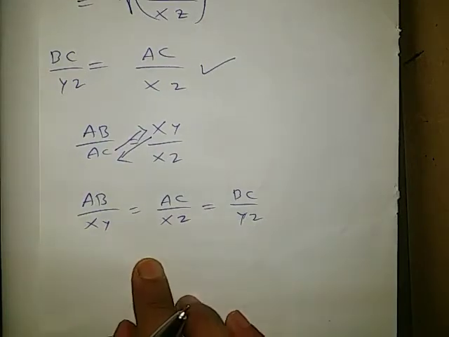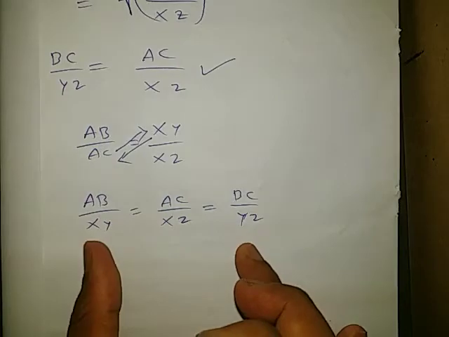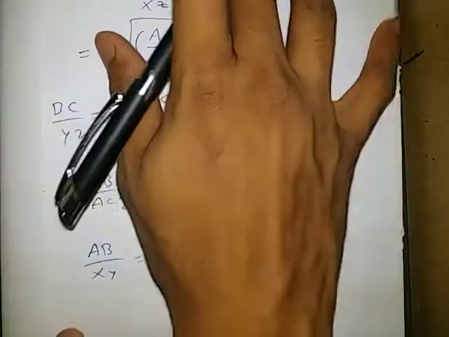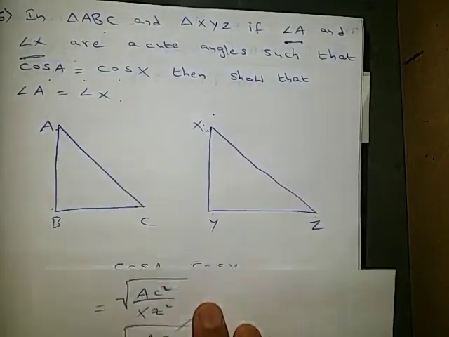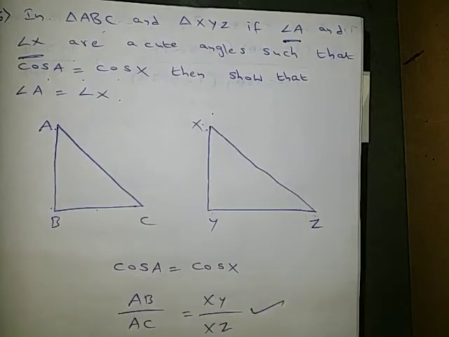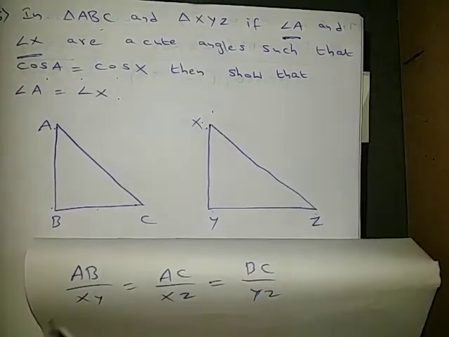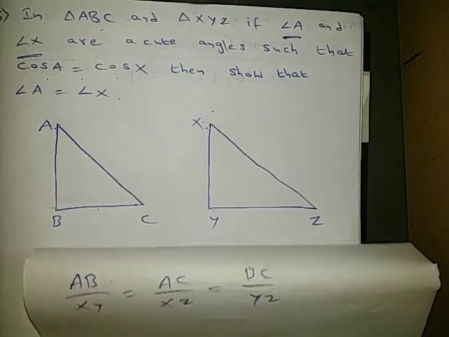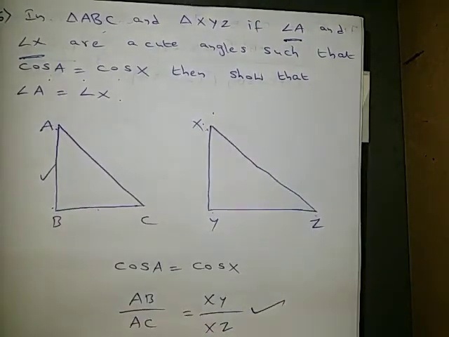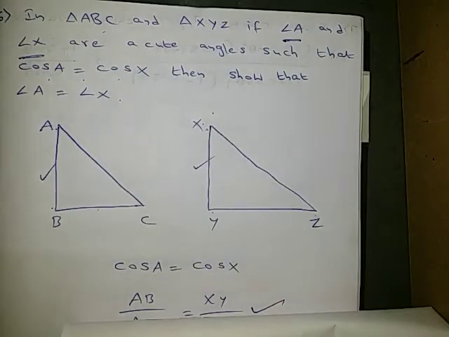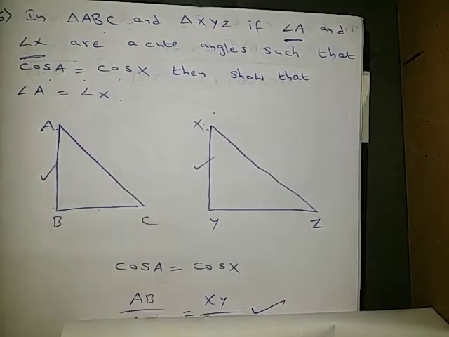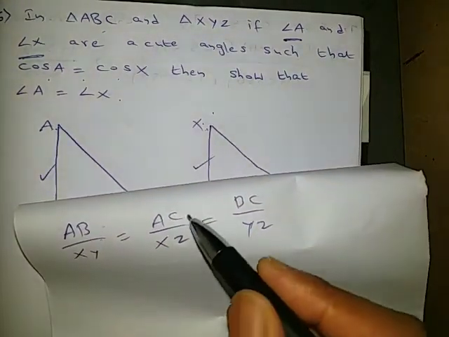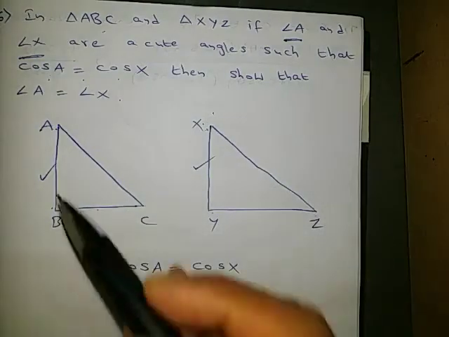Let us check what we got exactly with the figures which we have. Let us check these figures. Here if we observe clearly, we have AB by XY. AB is the left side, XY is the left side. Left side by left side is equal to AC by XZ.